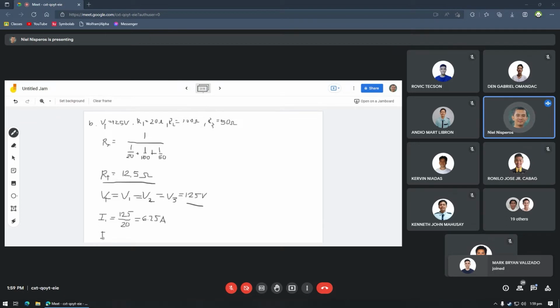So I2 is equal to 125 over 100, which is 1.25 amperes. And then I3.